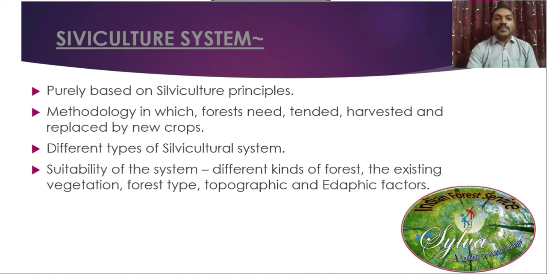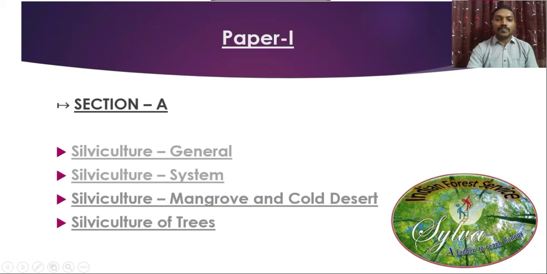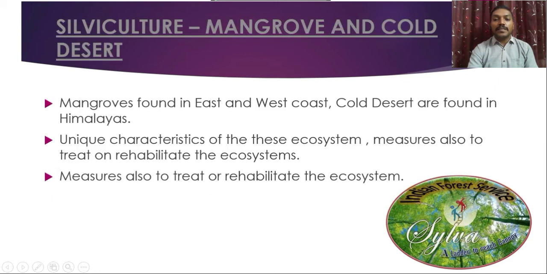After the silviculture system, the next important subject is silviculture, mangrove and cold desert. These are two important and specific ecosystems found in different locations. Mangrove is part of the east and west coast of our country, and the cold deserts are mainly found in the western Himalaya.